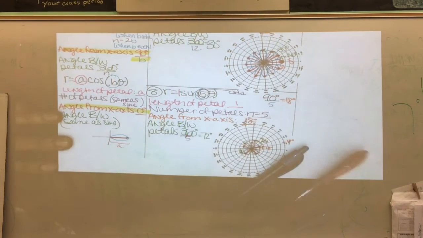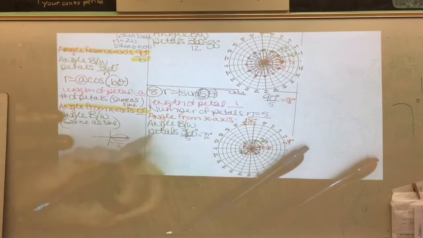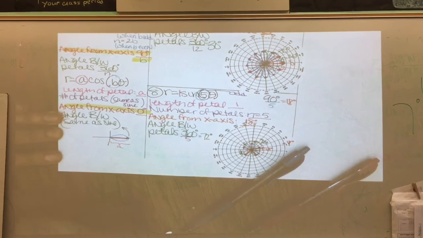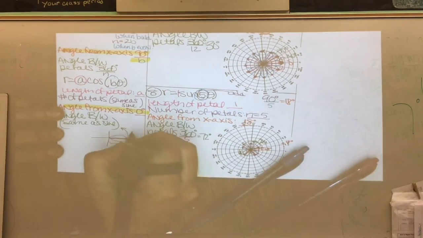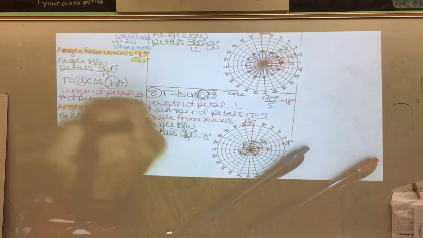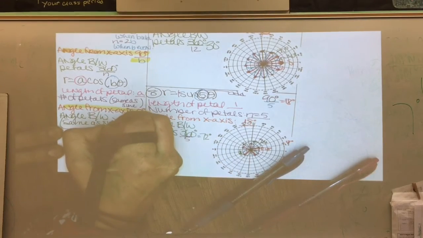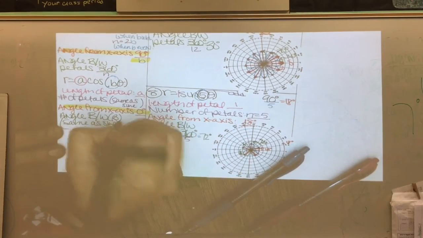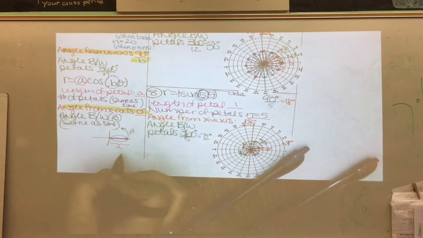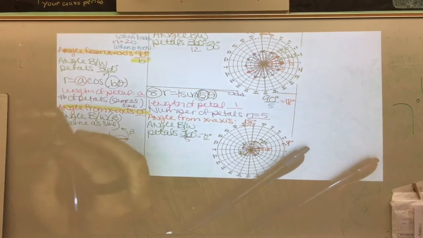I know that when I rotate, this will be the angle between petals. I usually call it beta. Angle between, so I'll call that beta. And then this one is always symmetrical over the x-axis. Okay, and that's just like a little checkpoint.